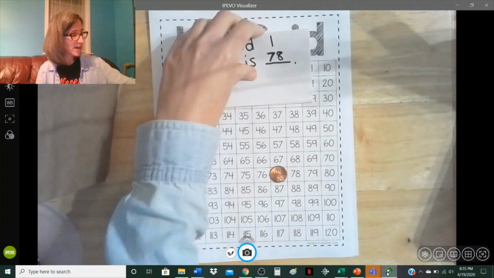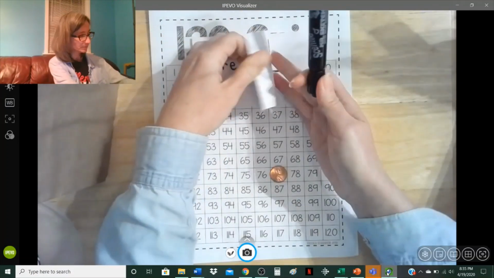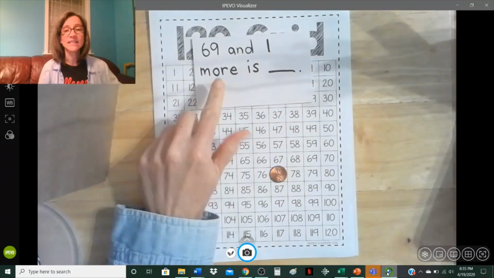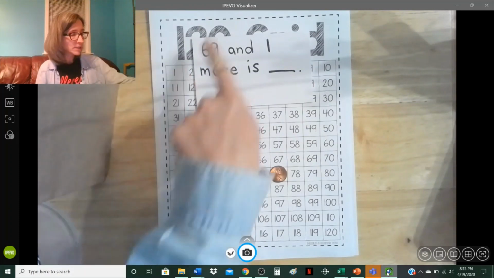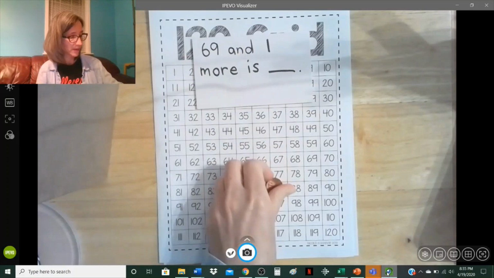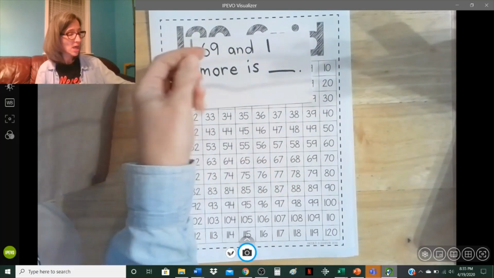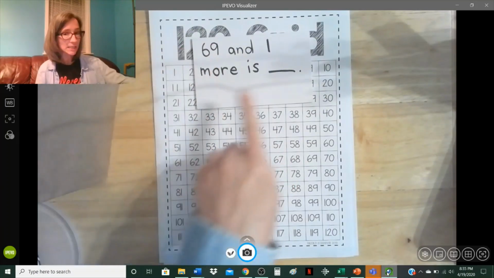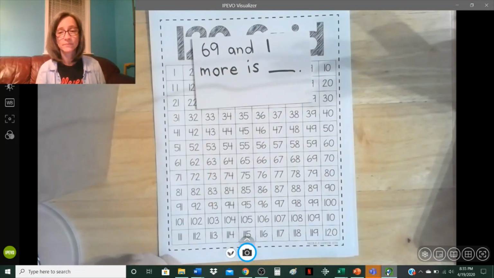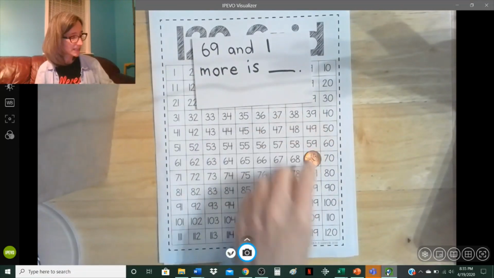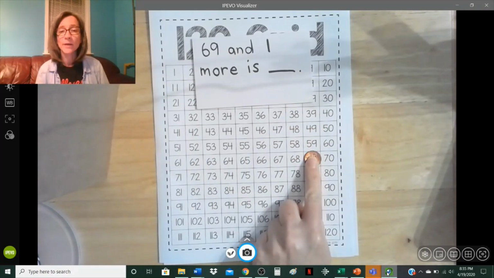Let's try another clue. 69 and 1 more is blank. What do we do first? Let's find our starting number. The starting number is 69. Can you find 69? 69, and one more.